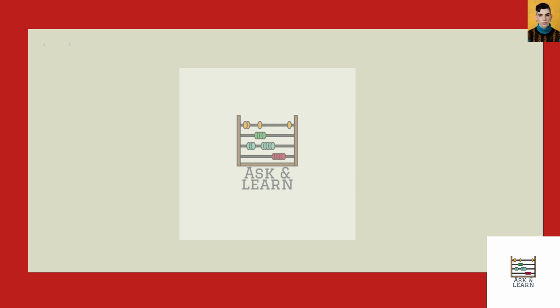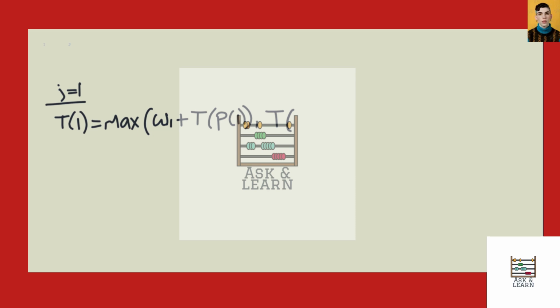So we'll go ahead to the first step of our algorithm where j is equal to 1. In this case, we are calculating T of 1. And that's going to be the maximum of the attendees in talk 1 plus the total number of attendees from the talks compatible with it, or T of j minus 1, the previous step.